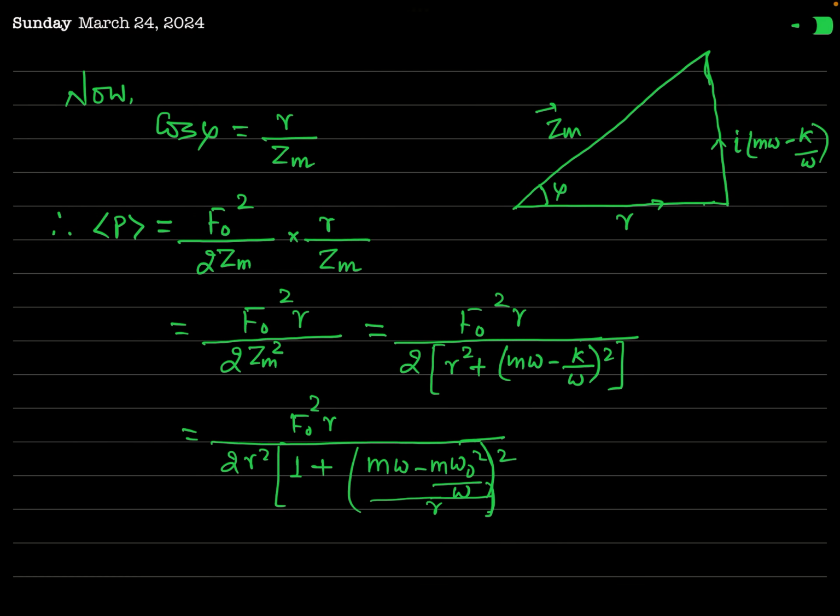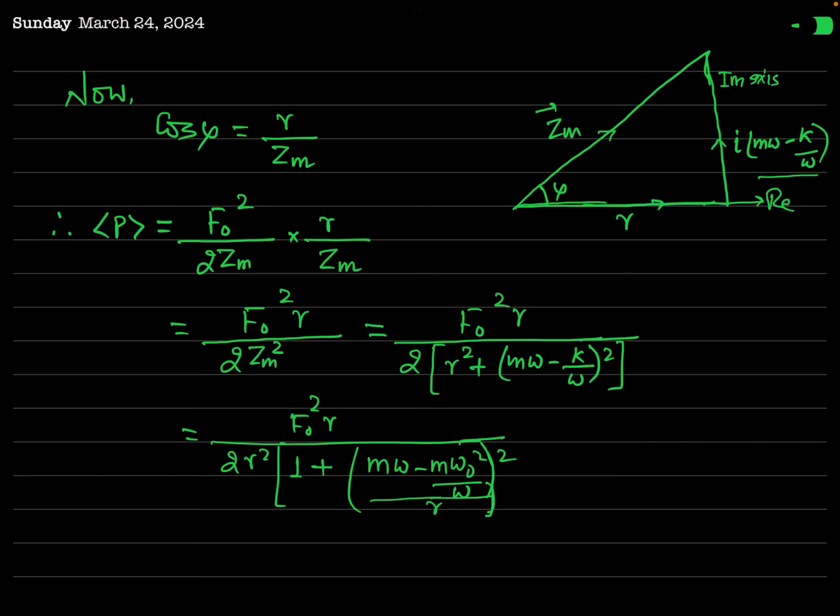Now from the vector diagram which I have shown here, when you note down the resistive constant R on the real axis, and the reactance m omega minus k by omega on the imaginary axis, then Zm, which is the vector impedance of this oscillator, is represented by this hypotenuse.